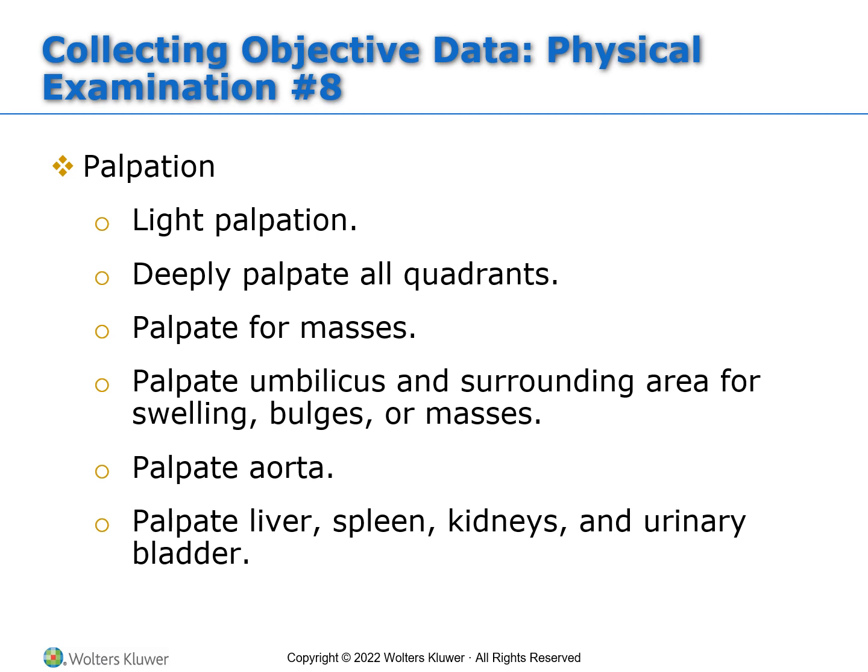A palpable spleen suggests enlargement, which may result from infections, trauma, mononucleosis, chronic blood disorders, and cancers. The splenic notch may be felt, which is an indication of splenic enlargement.